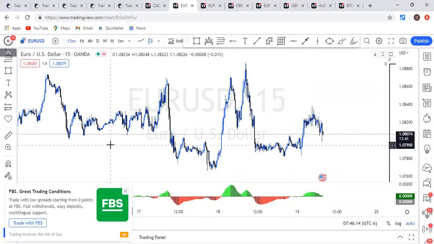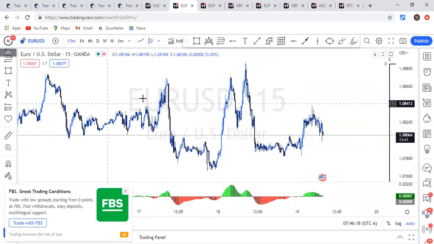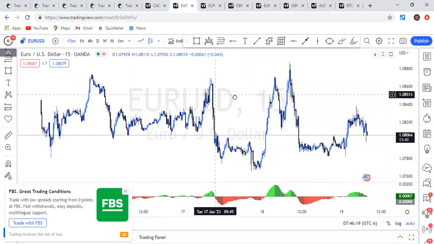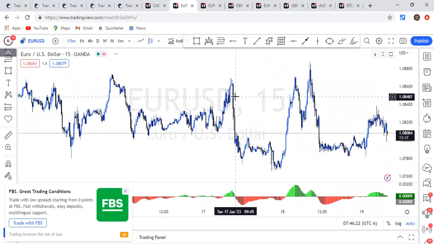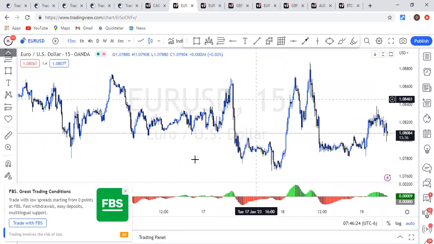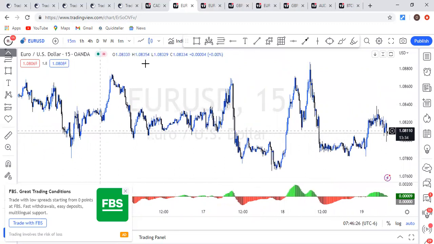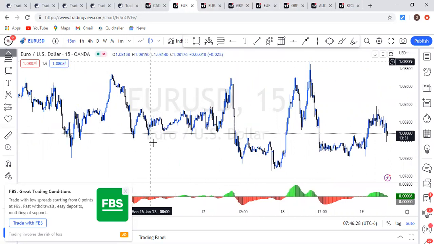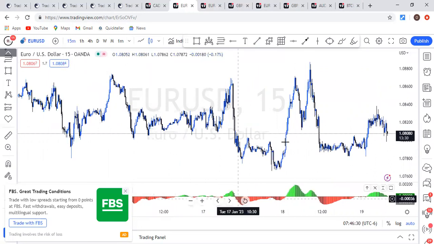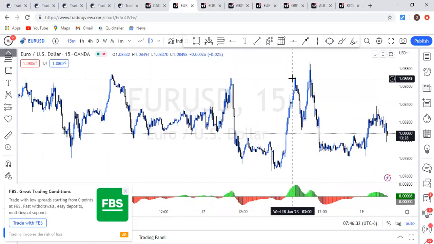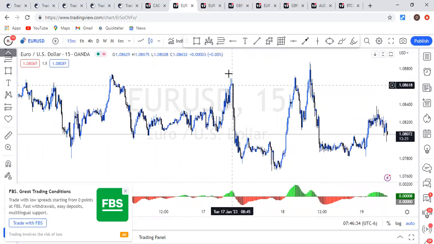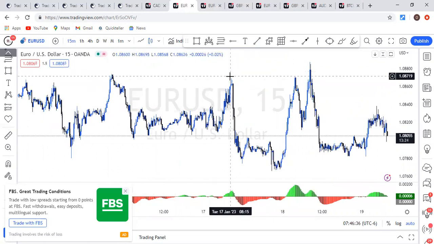Now, divergence, I'm just chipping this in in case you've seen me use the MACD before. When price is going in a particular direction, the indicator is supposed to go in that direction. I have a video on divergence I already dropped for you, so I'm not going to be going deep into it.